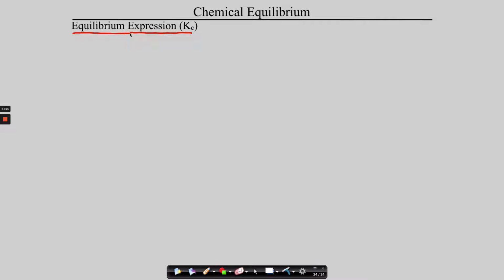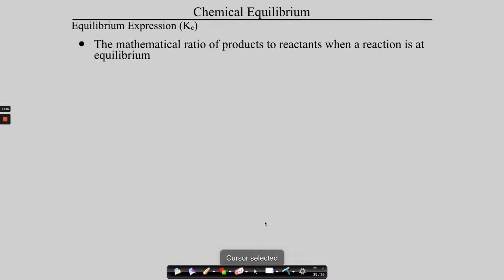Really, all it is is the mathematical ratio of products to reactants when a reaction is at equilibrium. As soon as it hits that state where the forward and reverse reactions are equal and the concentrations are constant, then we can calculate the equilibrium expression, Kc.